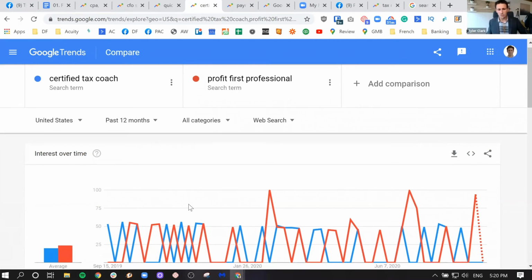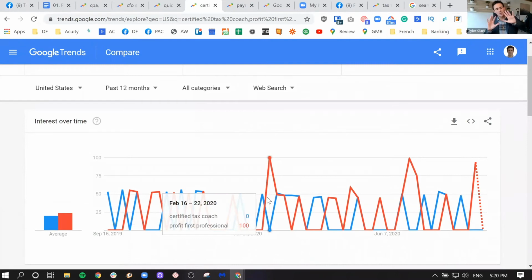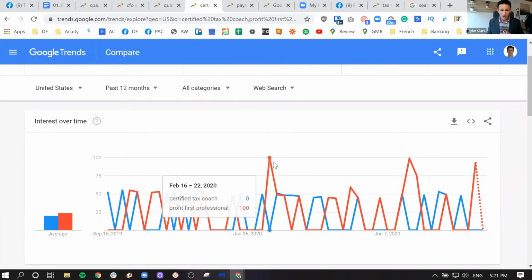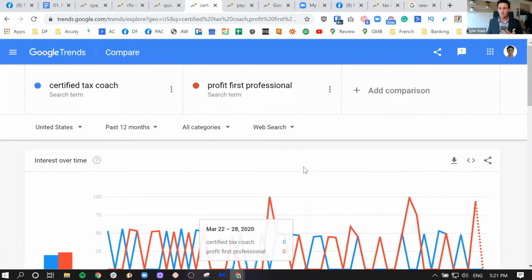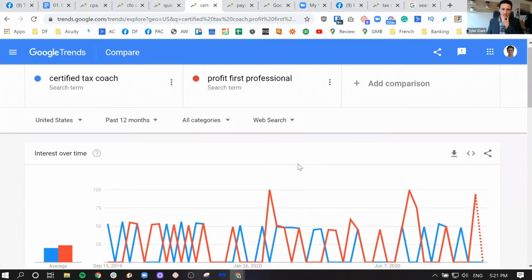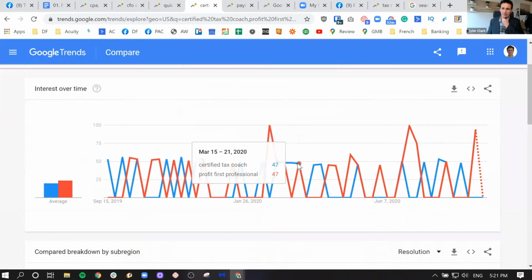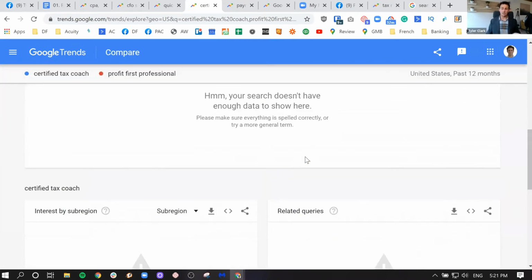And unfortunately, what's a little confusing about these graphs is you might look at this and say, wow, right? Like a profit first professional, there's 100, they spike a few times here. That's really interesting, right? But when you look at this, there really isn't enough data for these queries. I go back to what I said even about enrolled agents.